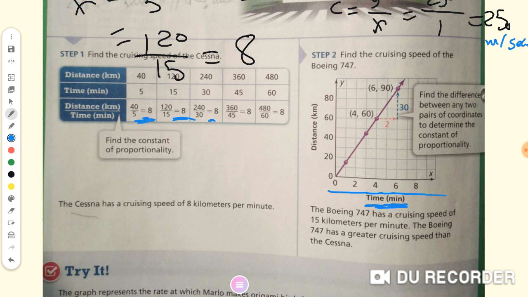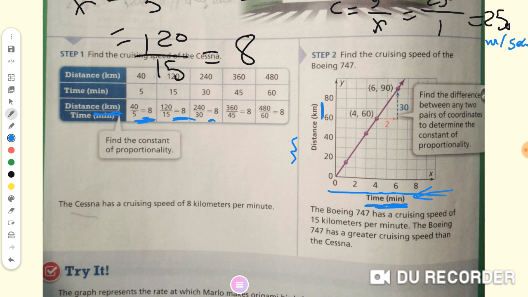It's not easy to compare them. So we convert the time from second to minute first, then we convert the distance from meter to kilometer.